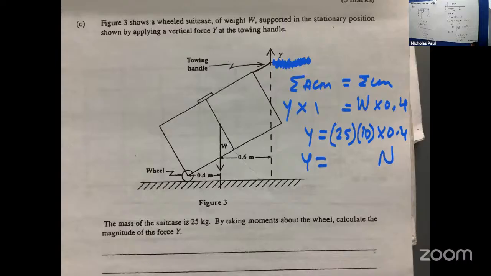And W is 0.4. W by 0.4, Y by 1. How do I find weight again? Weight is mass multiplied by gravity. Mass is 25, gravity is 10. I got 100.